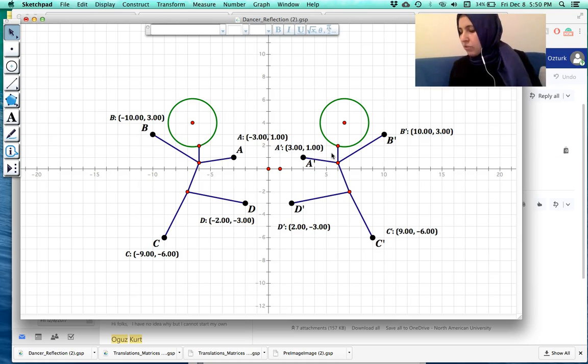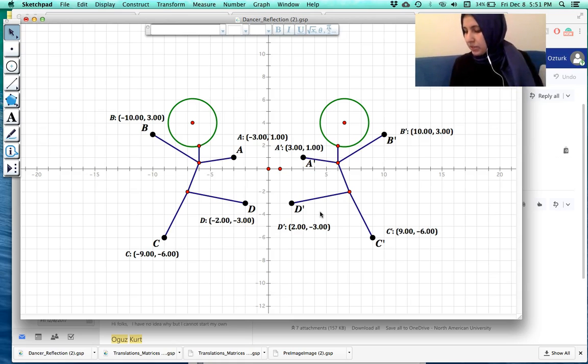Explain how the relationship is connected to the reflection over the y-axis. I reflected the stick figure, then I got another stick figure, as you see, and this is pre-image and this one is image, we call it. And my prediction is correct. I knew because the distance from the y-axis of the prediction must be same for the image.